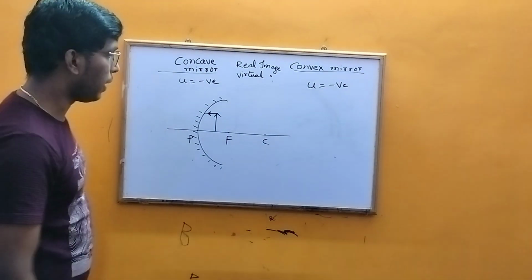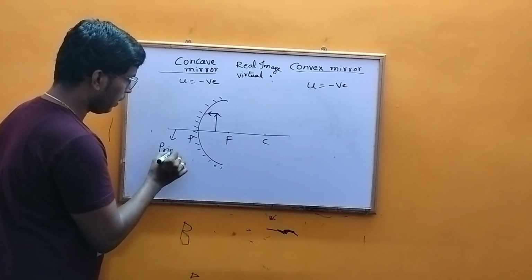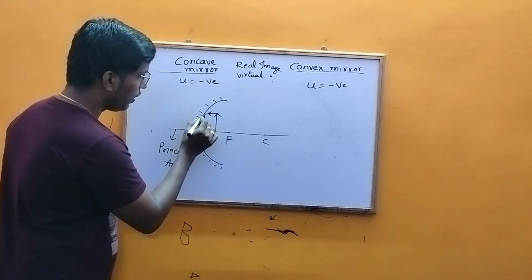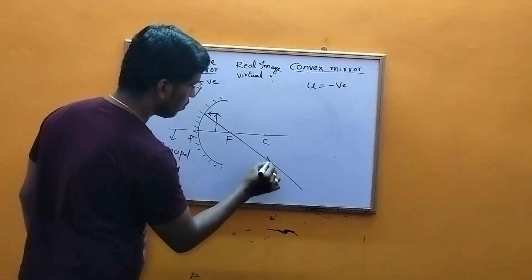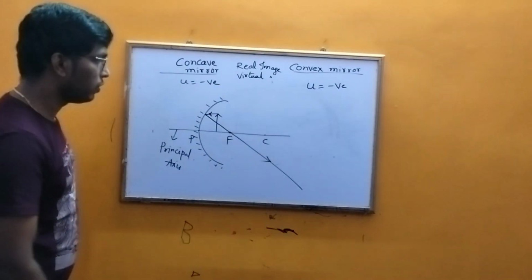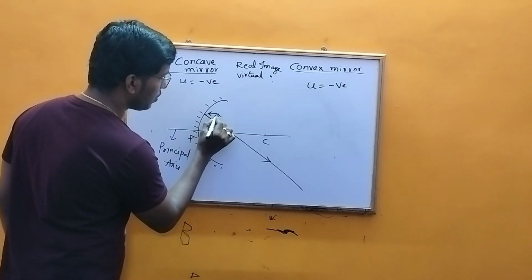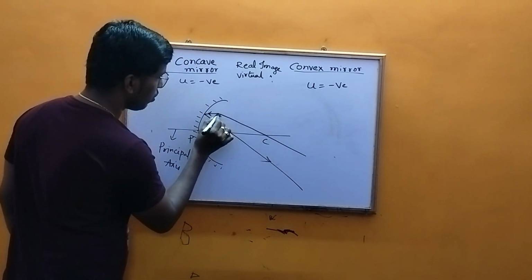A light ray is passing parallel to the principal axis. This line is called the principal axis. When it is passing parallel, after reflection it passes through focus point. This is one condition. And another light ray, I'll take it from center of curvature. Imagine that the other light ray is passing through center of curvature.